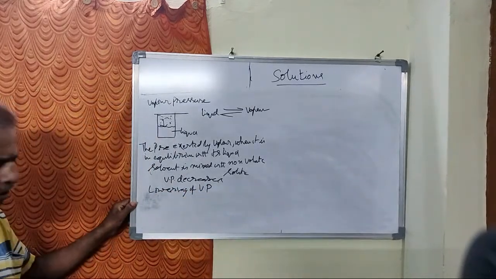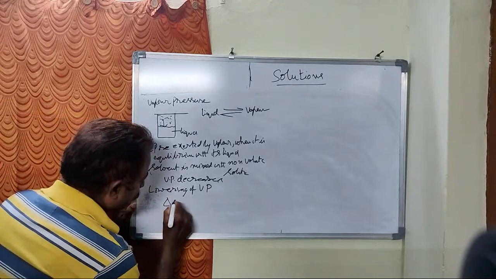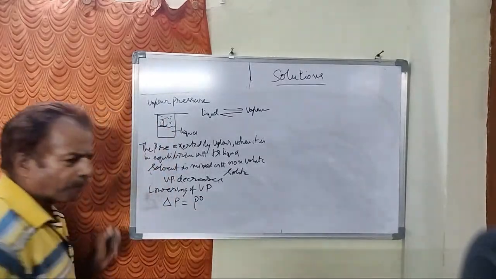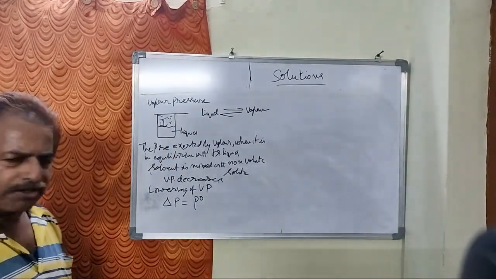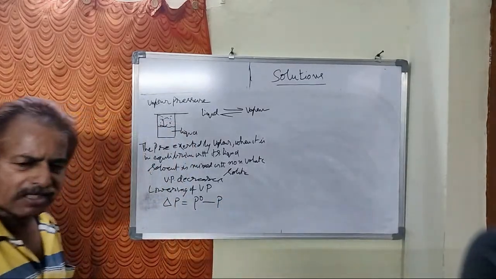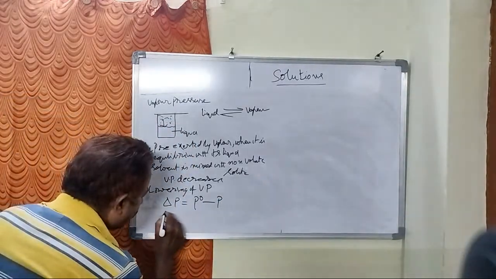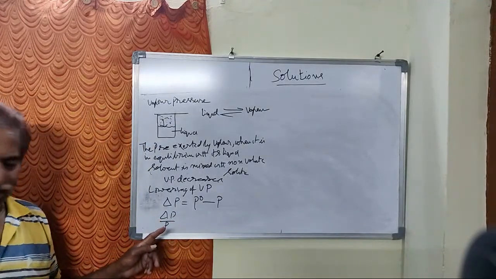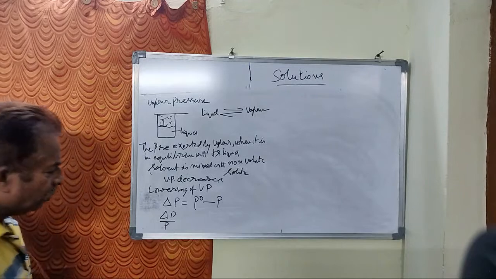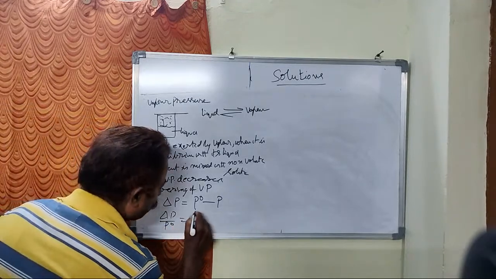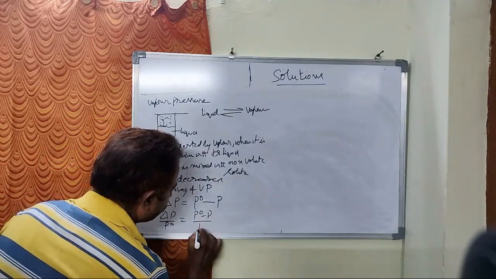So this decrease in vapor pressure is known as lowering of vapor pressure. Lowering of vapor pressure is denoted by delta P. Delta P is equal to P0, where P0 means vapor pressure of pure solvent, minus P. P0 minus P. Now, delta P by P0 is the ratio of lowering in vapor pressure to the vapor pressure of pure solvent, equal to P0 minus P by P0.